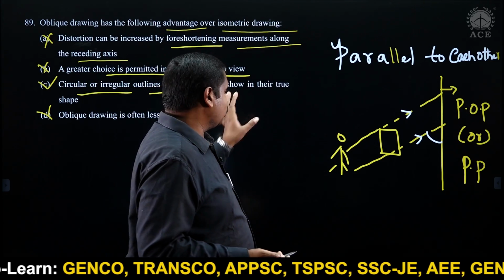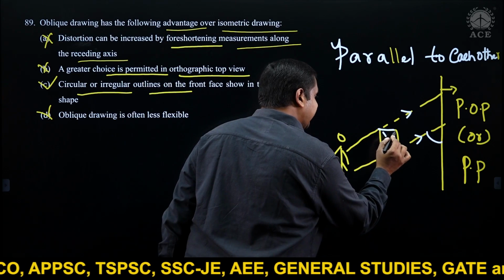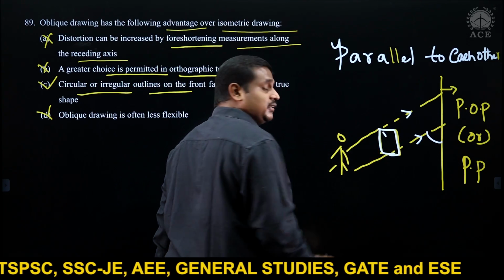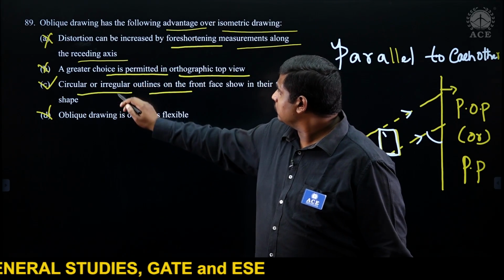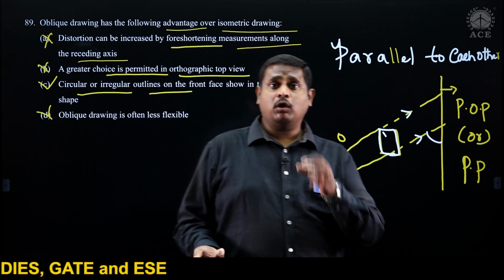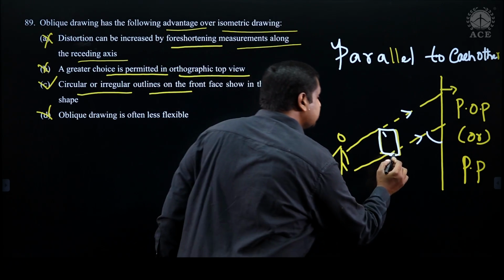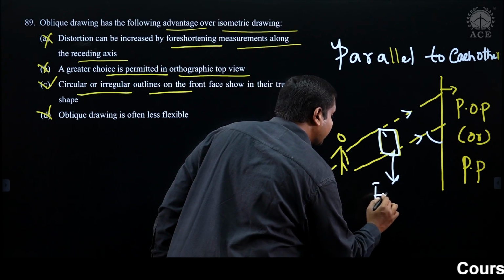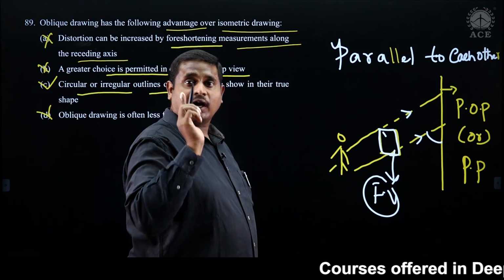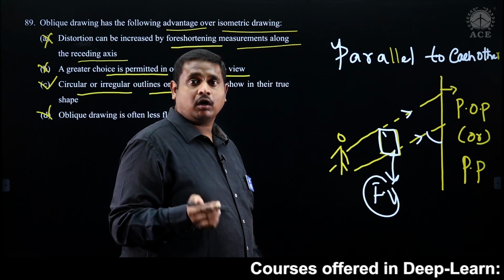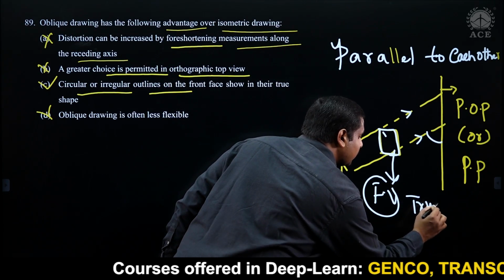Clear, my dears? So in case of oblique projections, if my object has circular or irregular outlines, I always obtain true shape in my front view of this particular object.